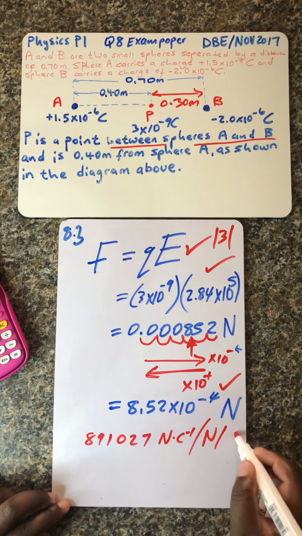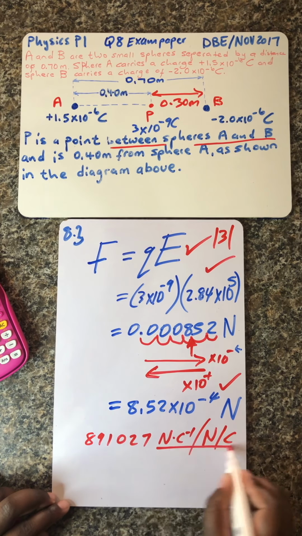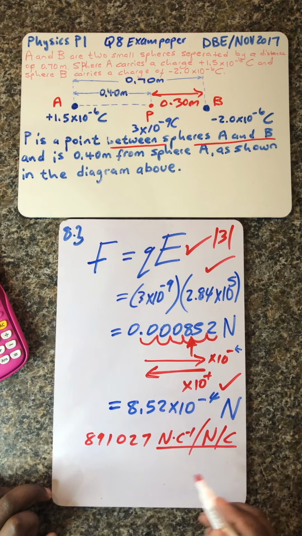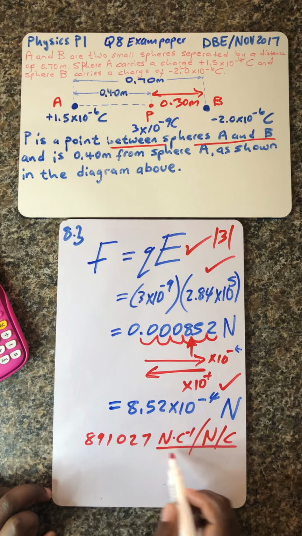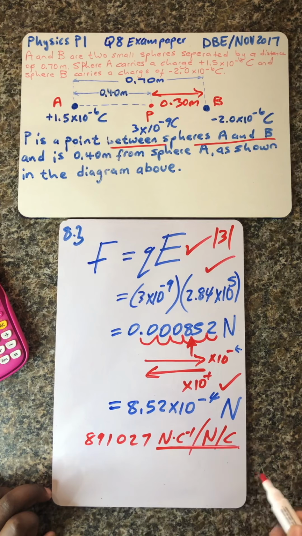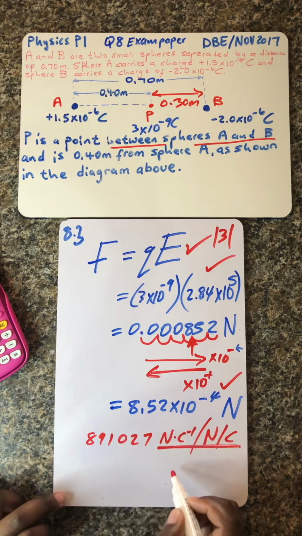It could be a charge in coulombs. It doesn't matter whatever the unit is that you'll be calculating. I just want to show you how to write this in scientific notation.